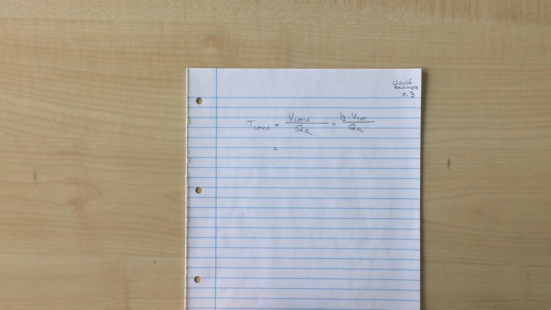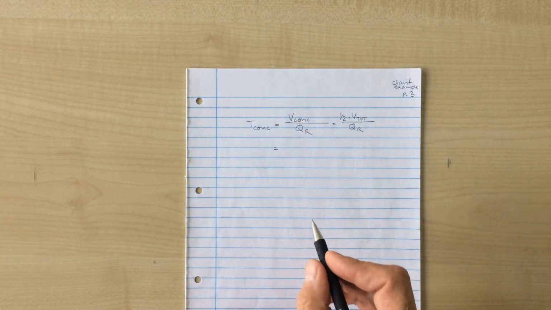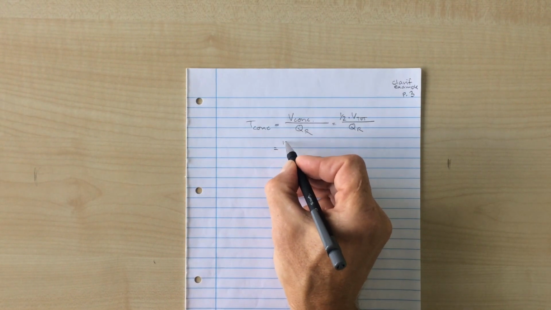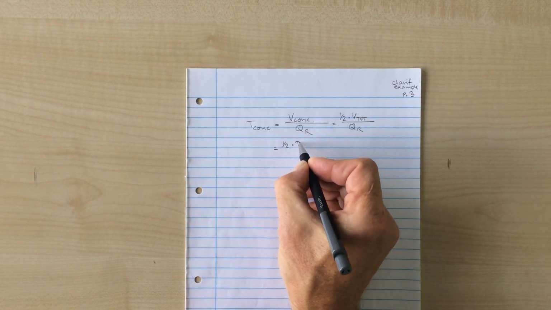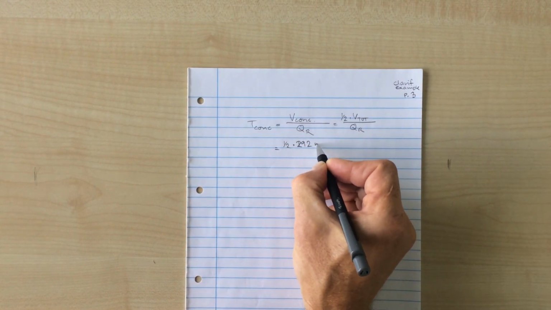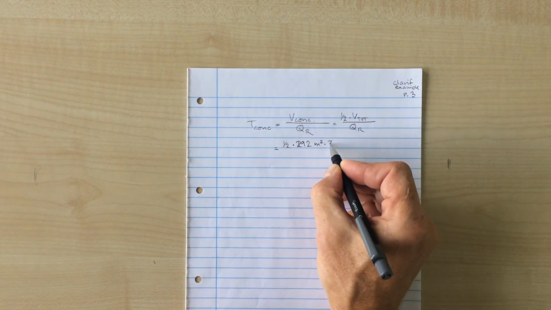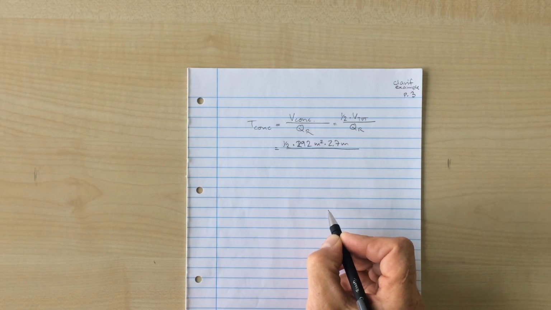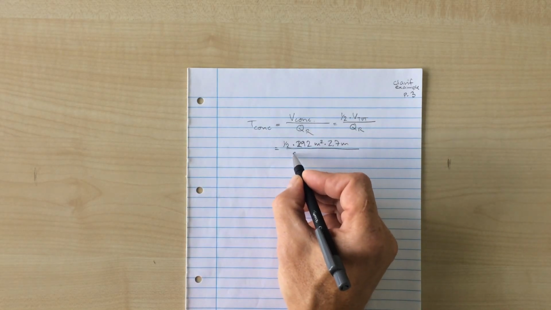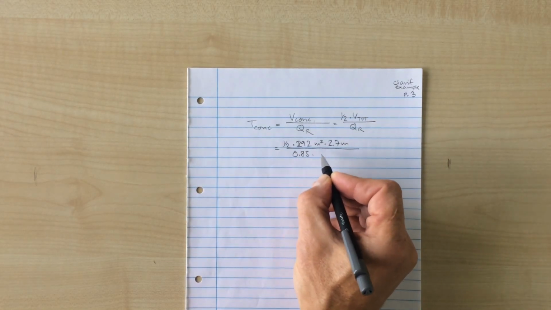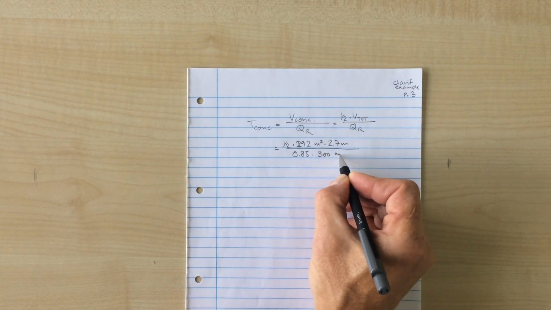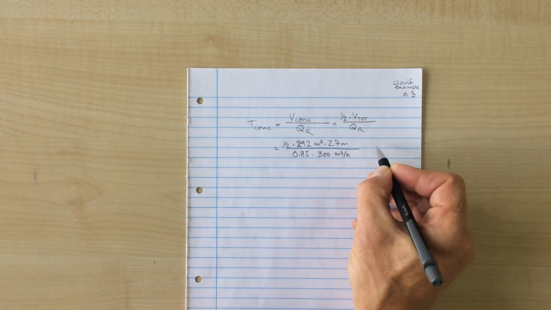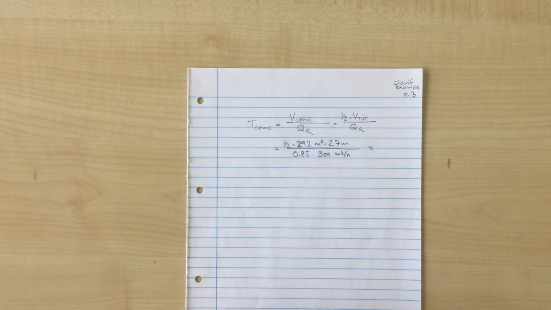So the total volume I had before, I had 292 square meters and 2.7 meters of depth. And I had my return sludge flow in the peak situation, 0.85 times 300 cubic meter per hour. This gives me a concentration time that I can calculate.